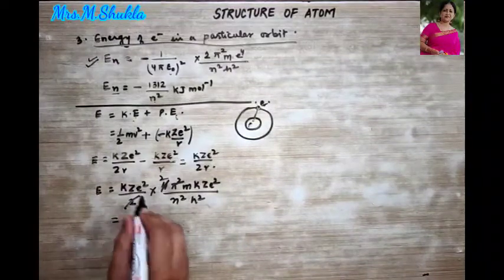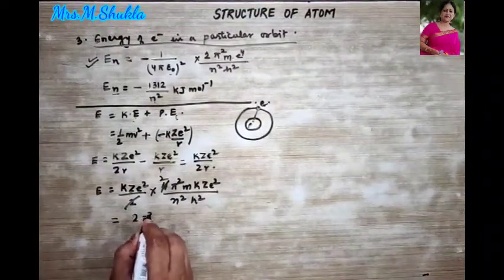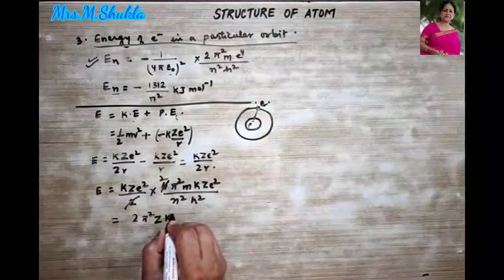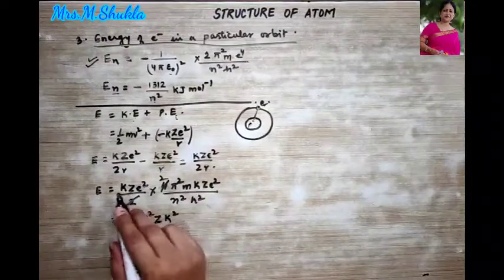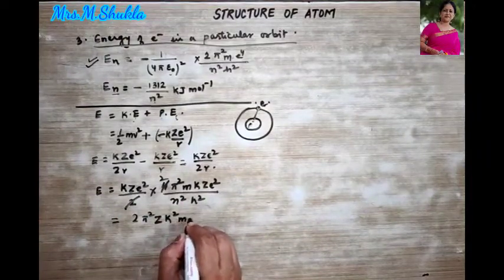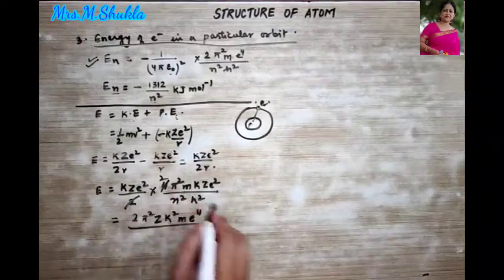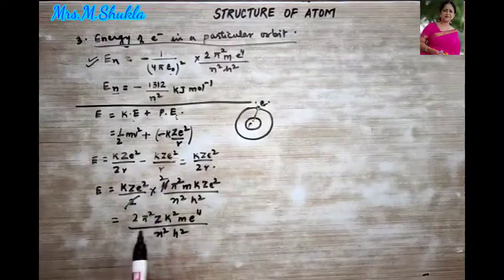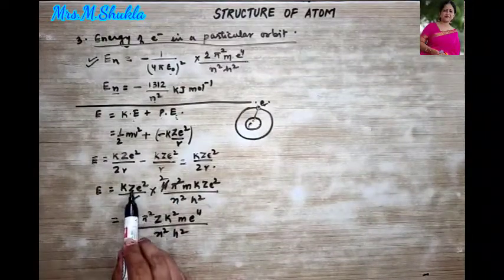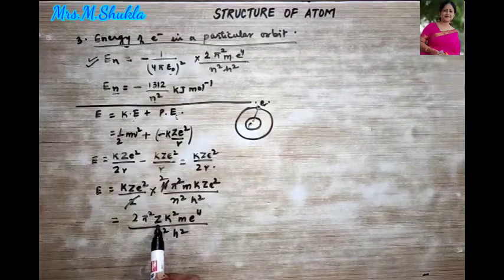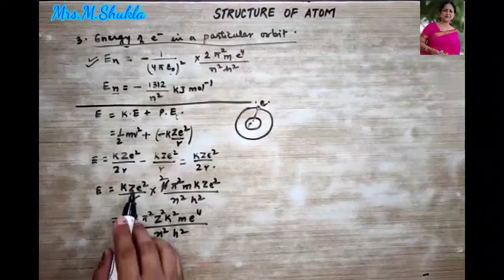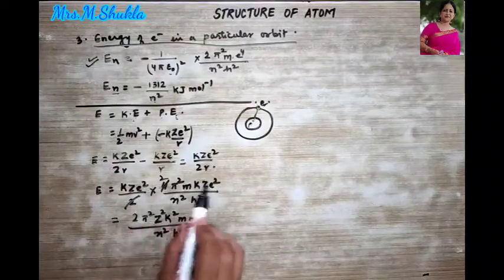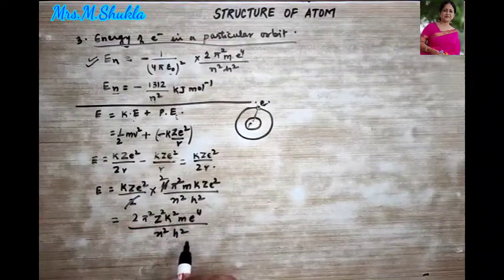Then this becomes what? 2 pi square Z square K square m e to the power of 4 upon n square h square. Check. 2 pi square Z square K square m e to the power of 4 upon n square h square.